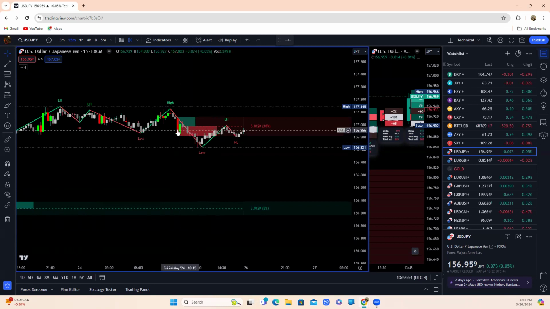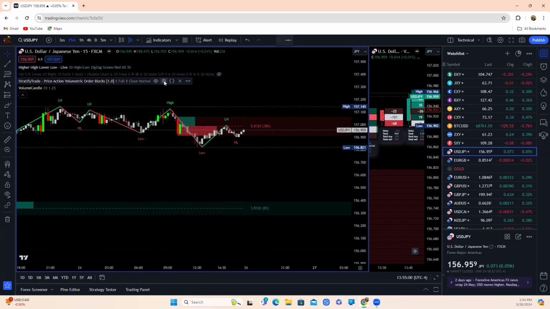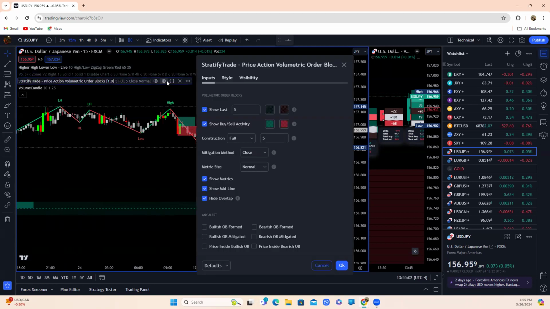So I was able to find a free version, and with this version, the only tweak that I did was in the construction of the order block, I made it based off of the full candle. You can do length, which is just a partial candle, or you can do full.